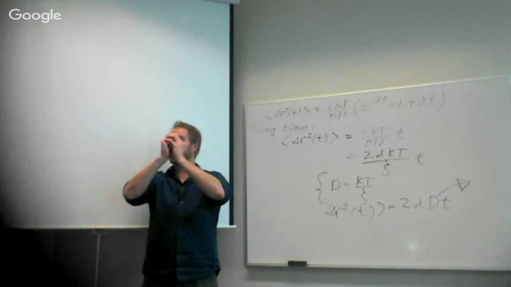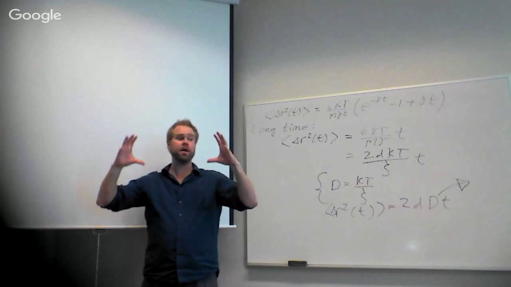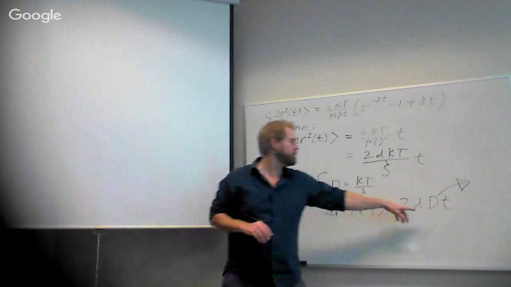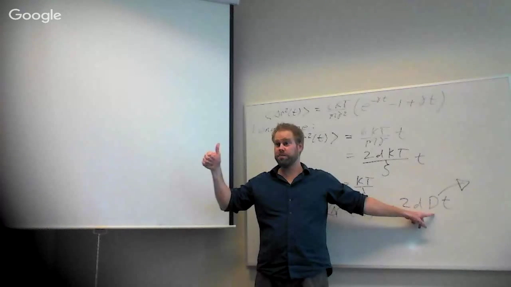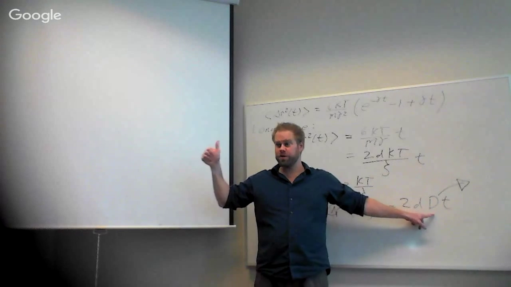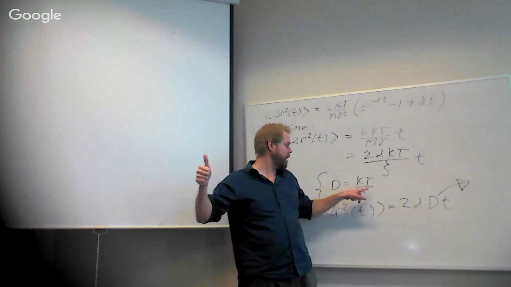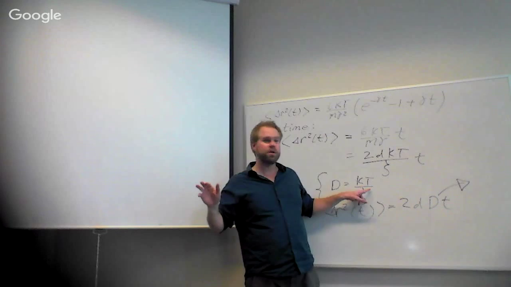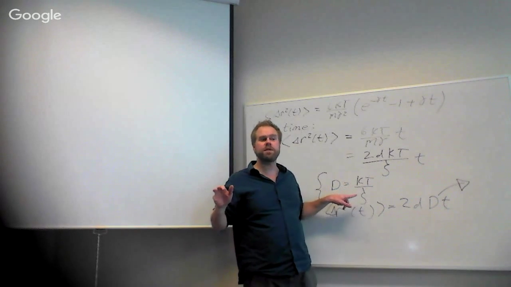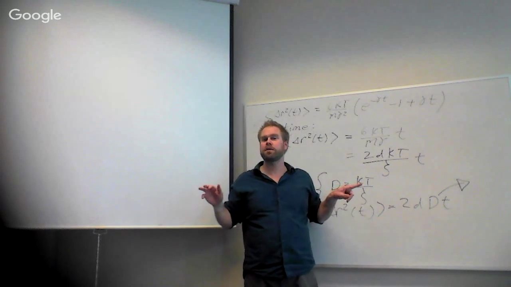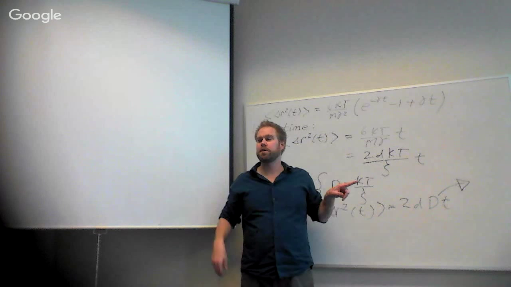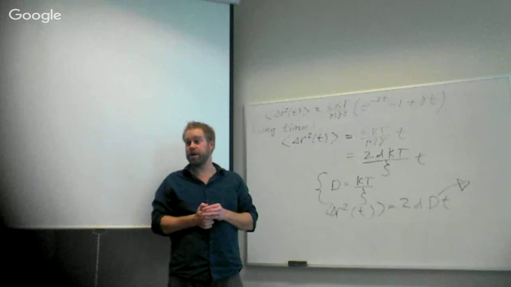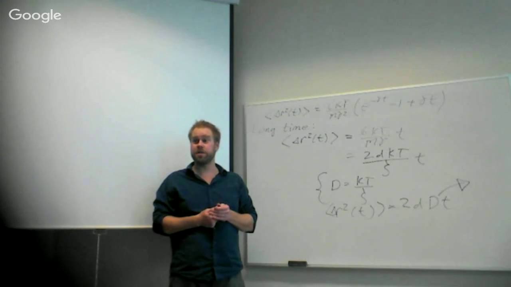And we can characterize how this cloud is spreading by a constant, which is the diffusion coefficient. Cool? Good with that? The diffusion coefficient, we're saying, is equal to kT, which is the thermal energy, over zeta. What's zeta? Drag coefficient. It's a drag coefficient, right? Friction coefficient.